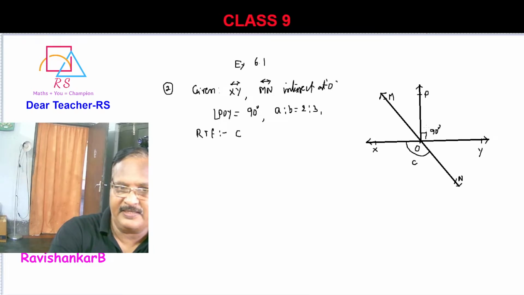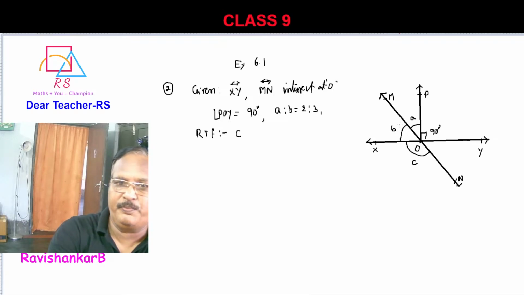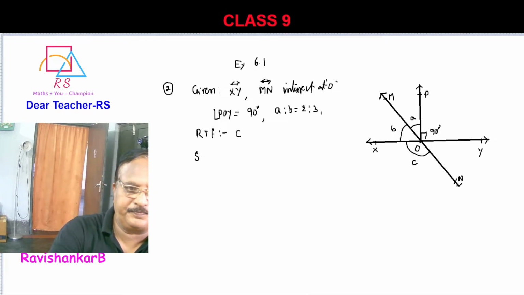He has already given POY. Here this is A and this is B, so A:B. This is the diagram he has given. Let us start the solution. It is not a proof, it is a solution.